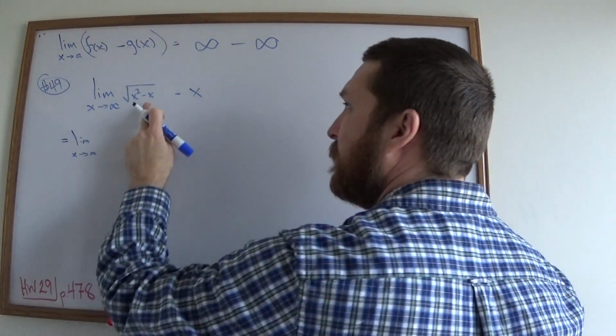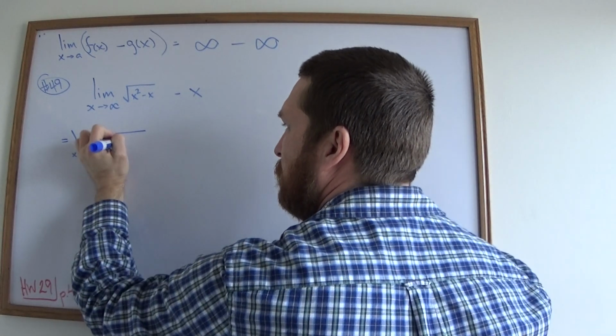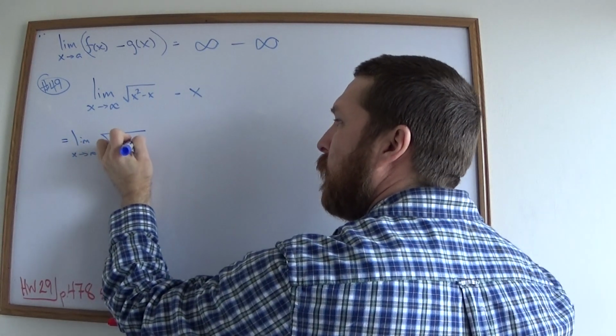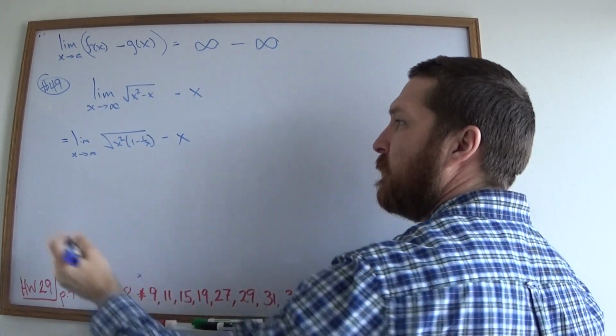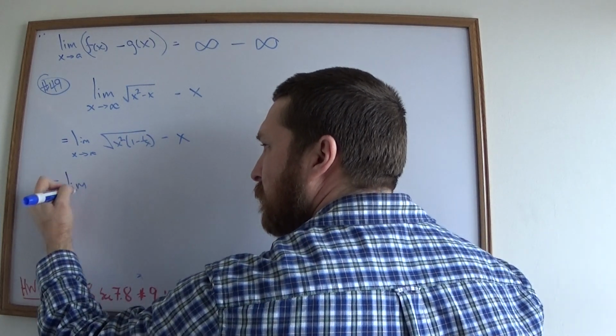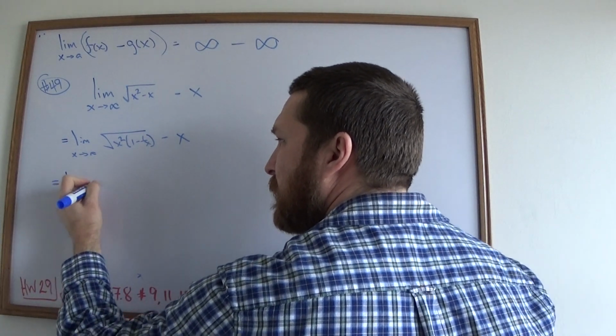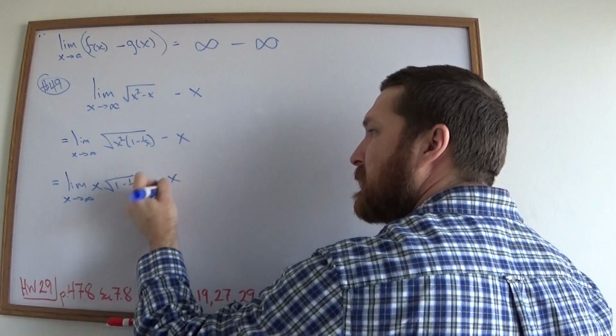This goes to infinity. What happens if I factor out an x squared here? We get 1 minus 1 over x right there, minus x. Now that x squared comes out as an x, and we get 1 minus 1 over x minus x.